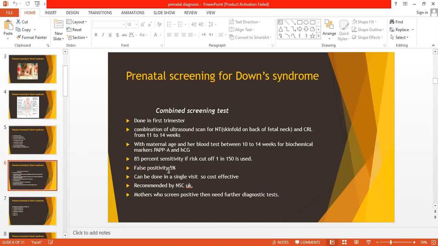And it calculates the risk in terms of 1 in 100 or 1 in 200 or 1 in 300, but you take the risk cutoff of 1 in 150, and all those mothers who come under this category, like 1 in 50 or 1 in 100 or 1 in 150, are screened positive, and all those who have a risk above this level, if they are 1 in 200 or 1 in 250, you exclude them from the definite diagnostic tests. Okay, I hope you understand it.